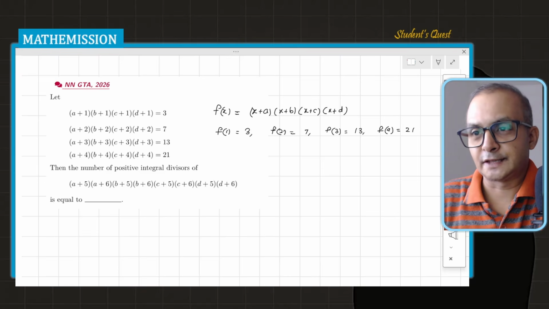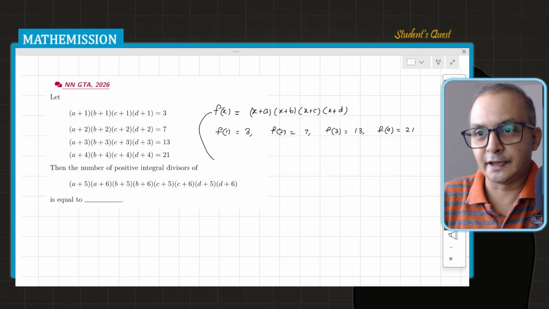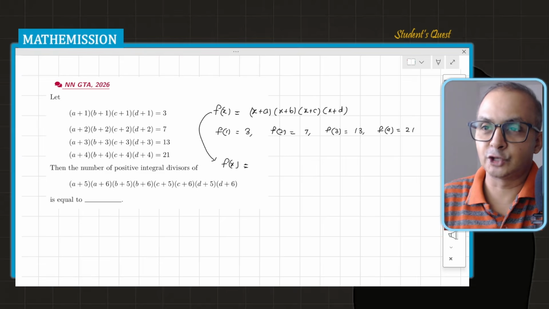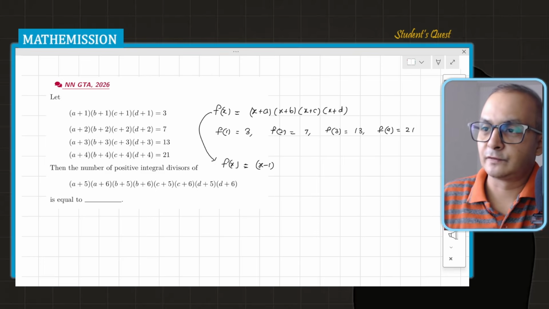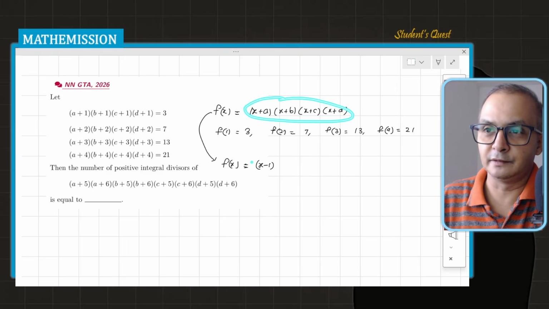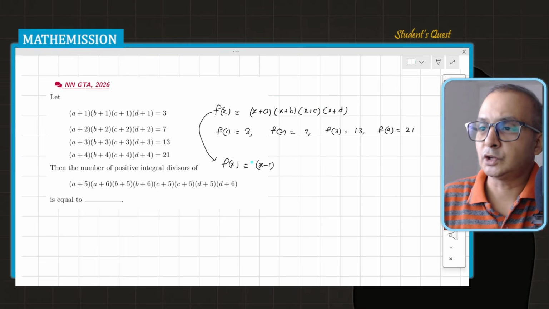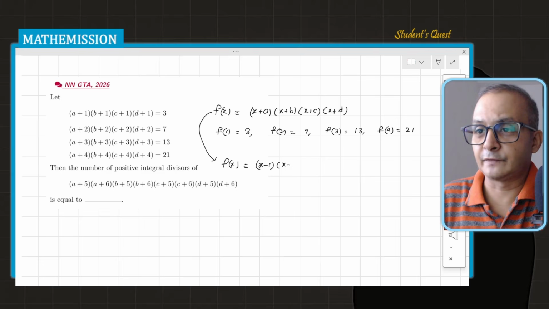So can I not say that this f(x) can be equivalently written in this format? Since I'm substituting 1, I should get 3, so I'm taking (x minus 1) as a factor. And notice that if you take this format, the leading coefficient is 1 there, so there is no problem here. The second factor I can take (x minus 2), then (x minus 3), then (x minus 4).